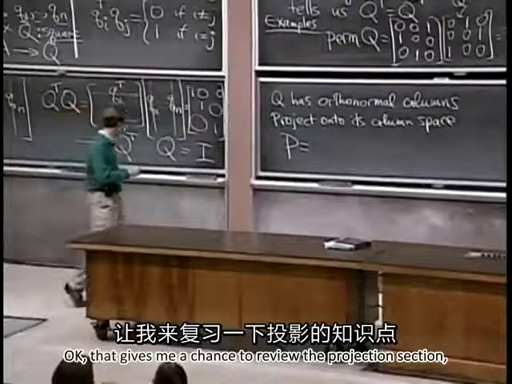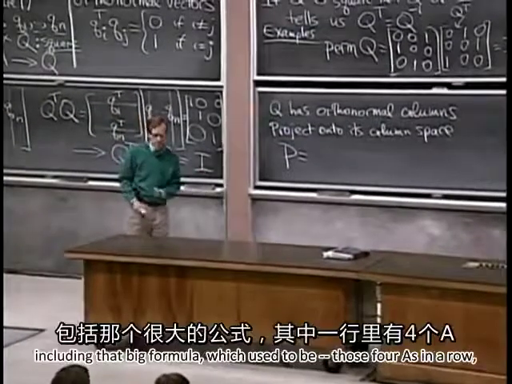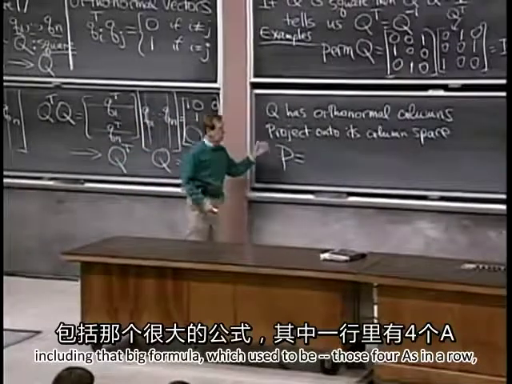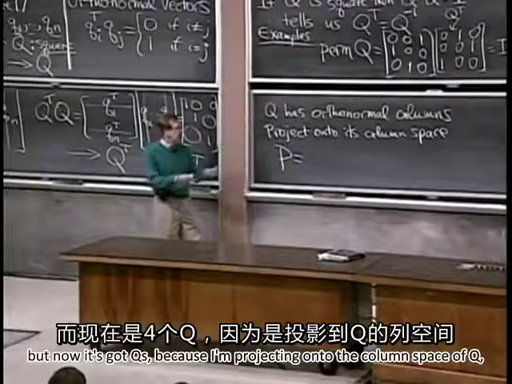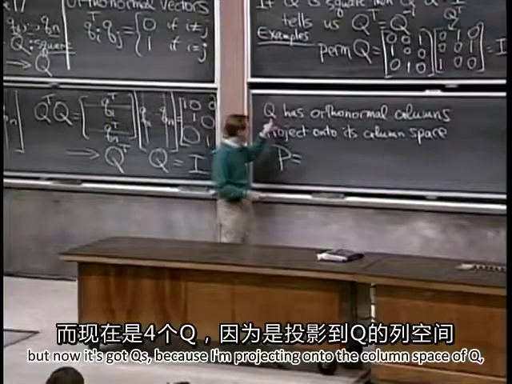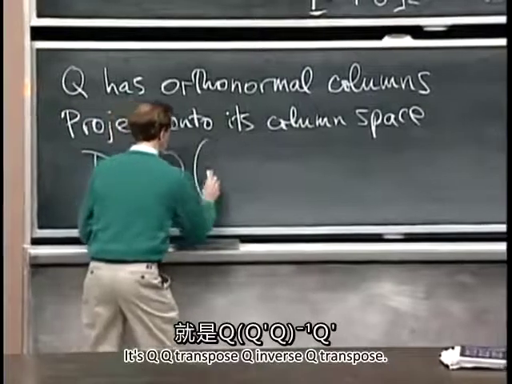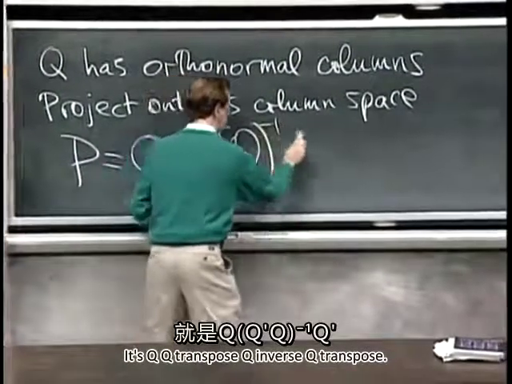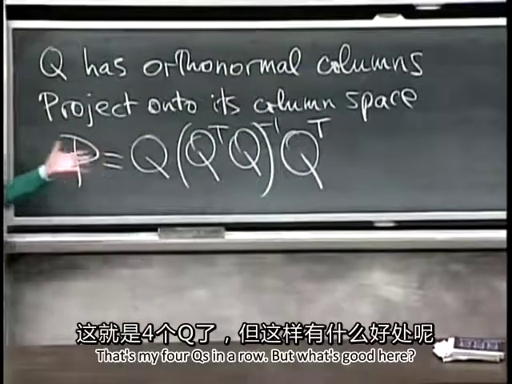Okay, that gives me a chance to review the projection section, including that big formula, which used to have those 4 A's in a row, but now it's got Q's because I'm projecting onto the column space of Q. So do you remember what it was? It's Q (Q transpose Q) inverse Q transpose. That's my 4 Q's in a row.